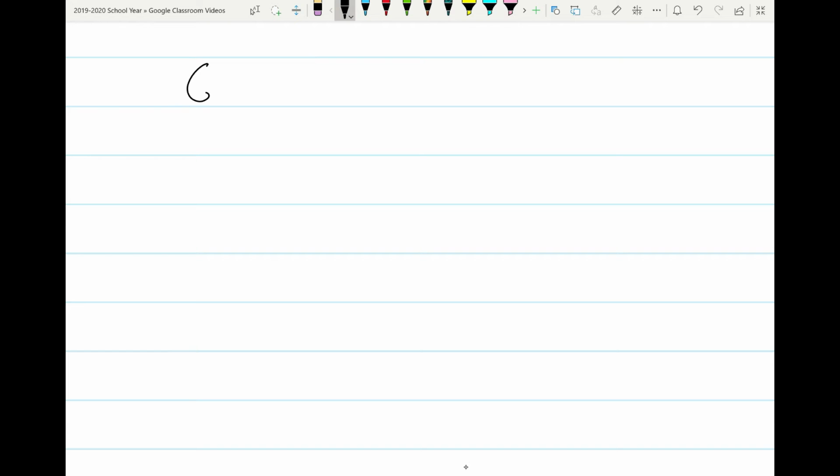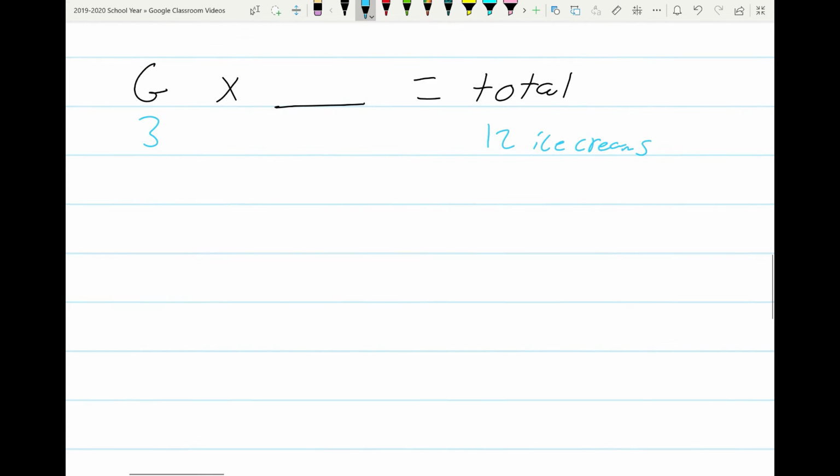But if, for an example, I have the G, I'm missing the E, but they gave me the total. So for an example, I have 3 friends and I have 12 ice creams in total. Okay, what do I do?